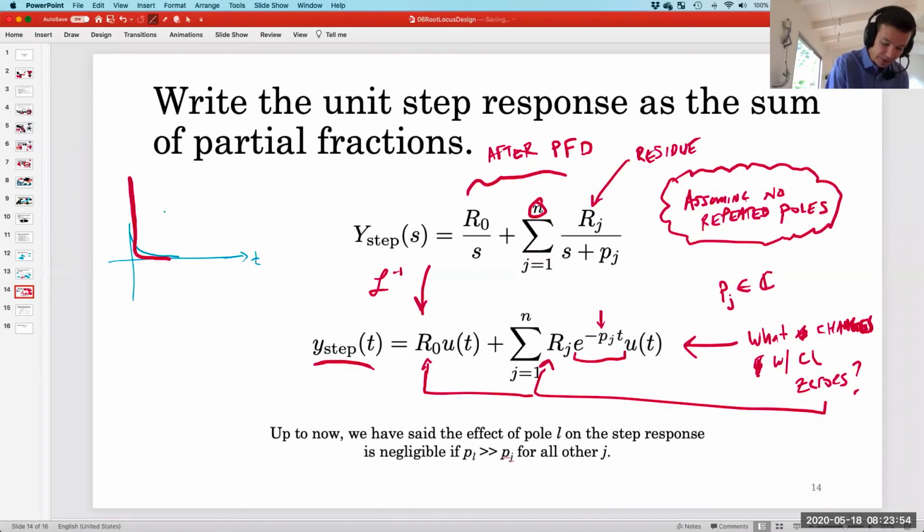So we say that the blue pole dominates red because the time constant on blue is larger than the time constant on red.